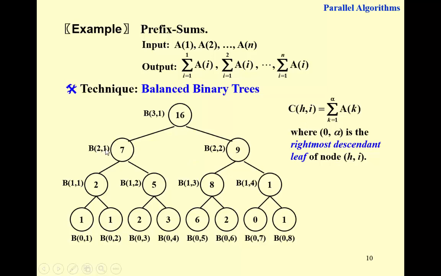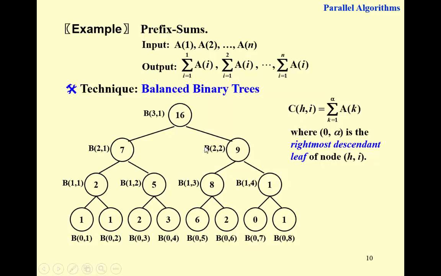For example, for this h and this i, what is the alpha? Alpha is the rightmost descendant leaf. That's (0, 4), and alpha is this 4. So C of 2,1 should correspond to the prefix sum from 1 to 4.